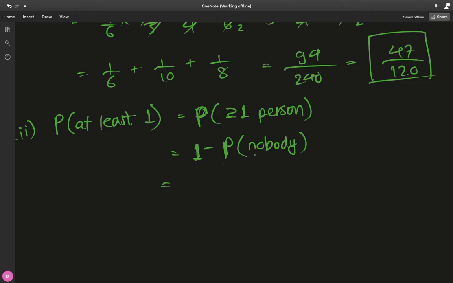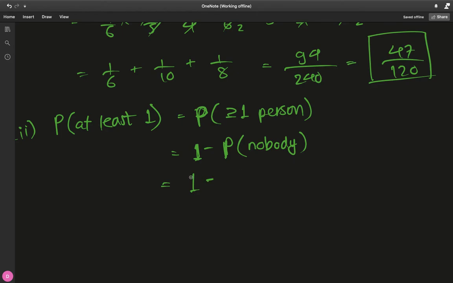And the probability of a complete set of all possible outcomes is 1 if all the scenarios happen. So if we subtract probability of nobody from 1, then we'll get the remaining probability of 1, probability of 2, probability of 3, which is basically probability of at least 1. So I hope you understand the rationale there. It's actually not that hard if you think about it.